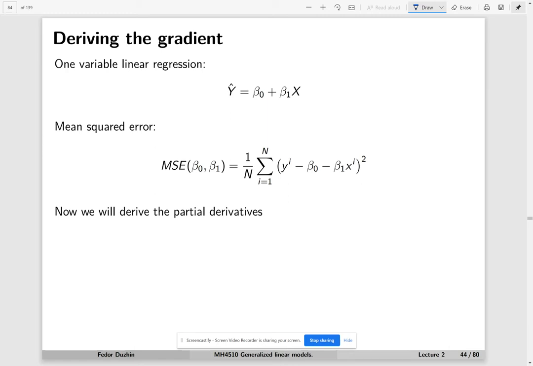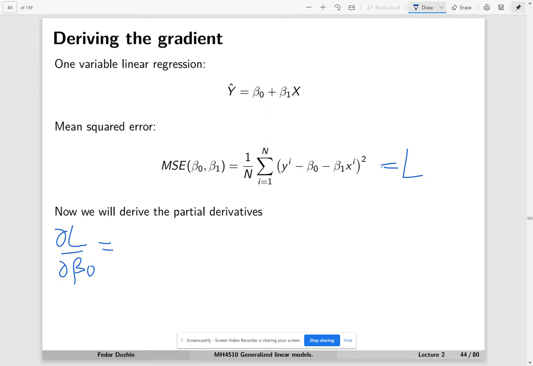Now, let me derive partial derivatives again, right? I already did it in the general form, so let me do it one more time so that you better understand it. So this is my loss function. The derivative of my loss function with respect to beta 0 is going to be what?